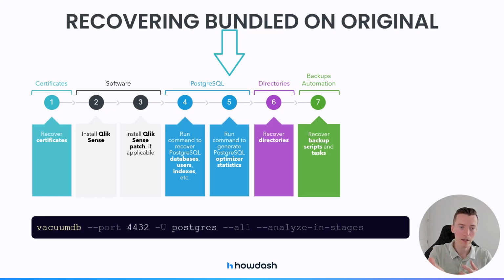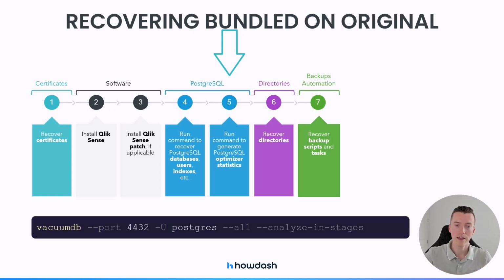This command is what you would use to generate the statistics that PostgreSQL needs to make sure that the queries it receives, and how it processes those queries, run at an optimal level. So you run this command after you've recovered the contents of your PostgreSQL server, and your PostgreSQL server is going to be nice and snappy.